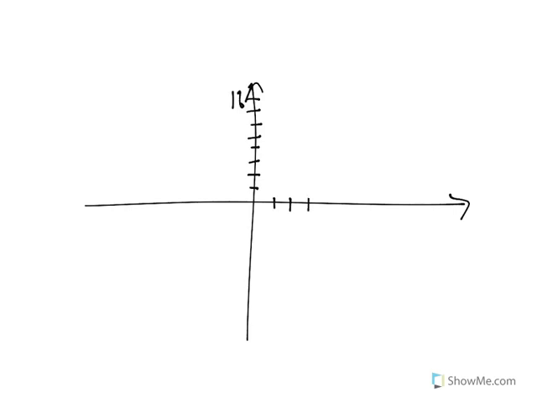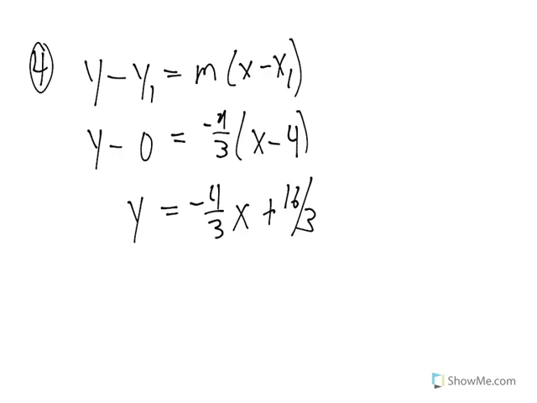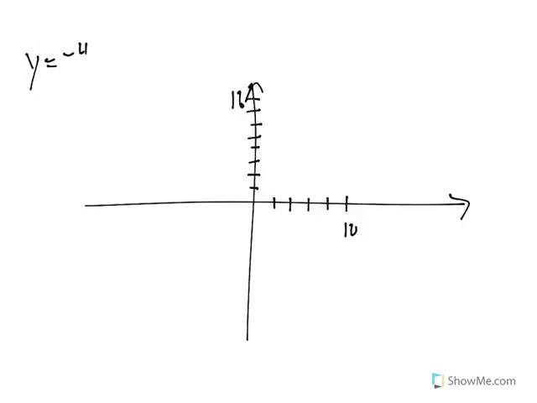So 2, 4, 6, 8, 10, and you get the gist. I'm only drawing the positive ones because we really only need that in terms of the way our graph is defined. So if we rewrite it, negative 4/3 x plus 16/3. So plus 16/3, that's roughly about 5 1/3.